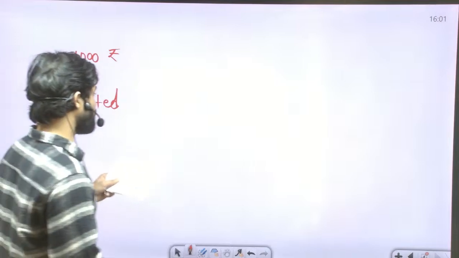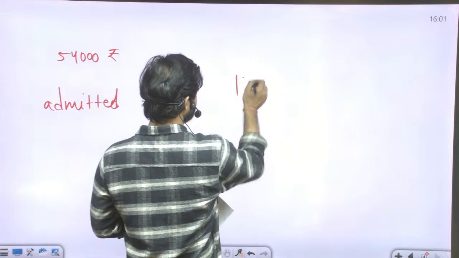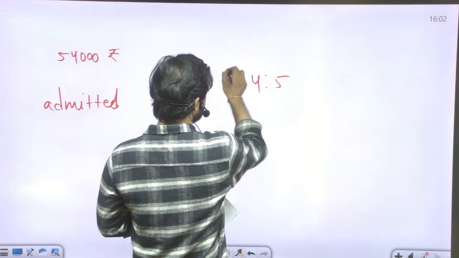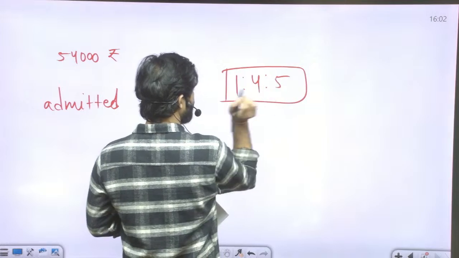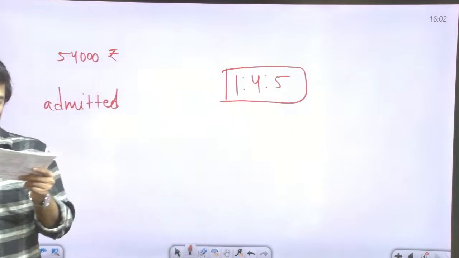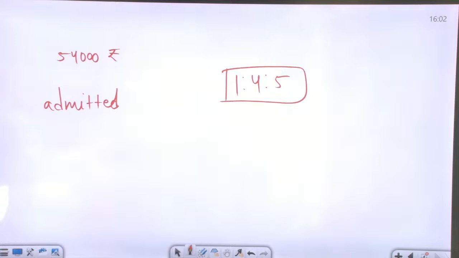the profit was divided in the ratio 1:4:5.